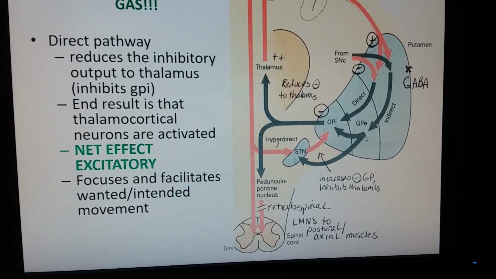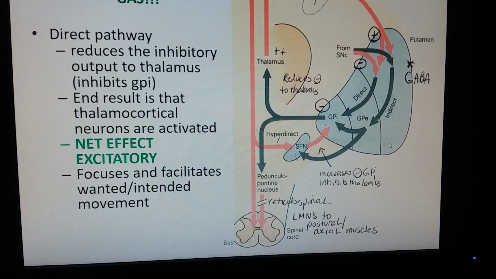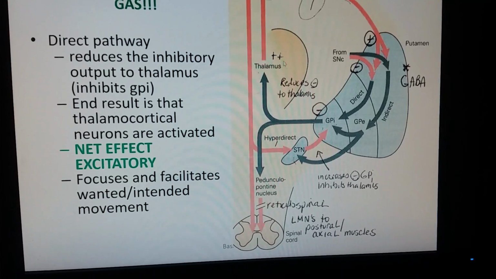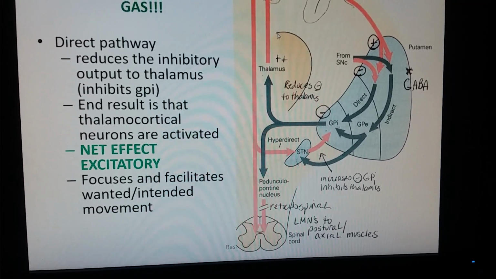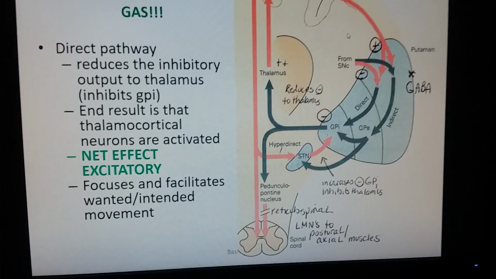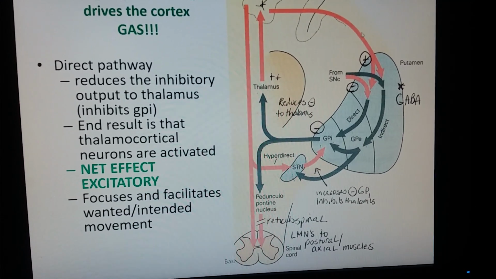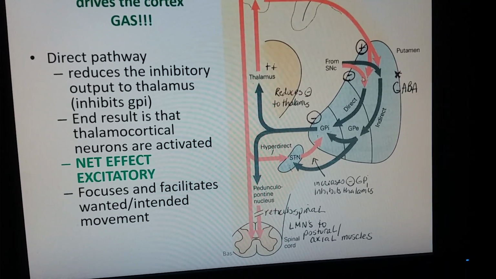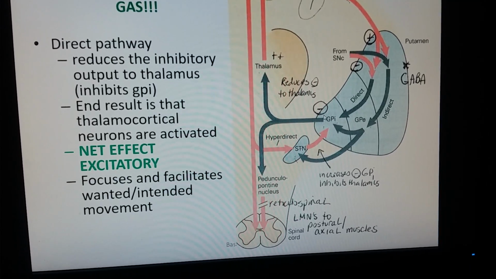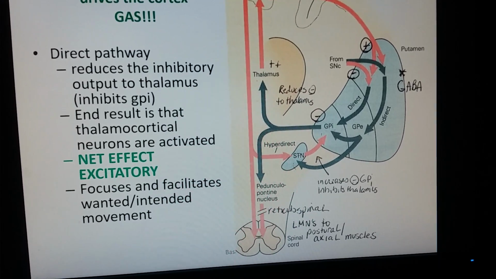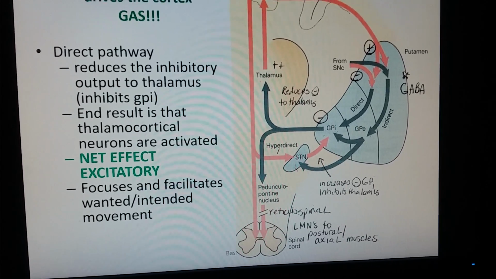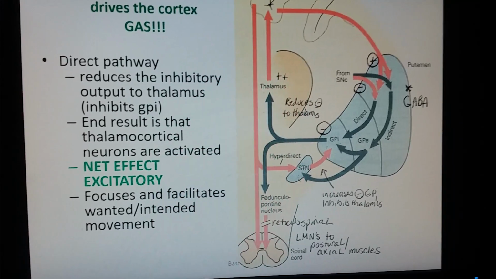So the output from the putamen is inhibitory, and all the output from the GPi is inhibitory. But the output from the thalamus is excitatory. This is glutamate. So what's happening? This excitatory input is coming in from the motor cortex, but as it leaves the putamen, this is inhibitory to the GPi. Well, if the GPi has an inhibitory effect on the thalamus, and you inhibit the GPi, you're essentially inhibiting an inhibitor.